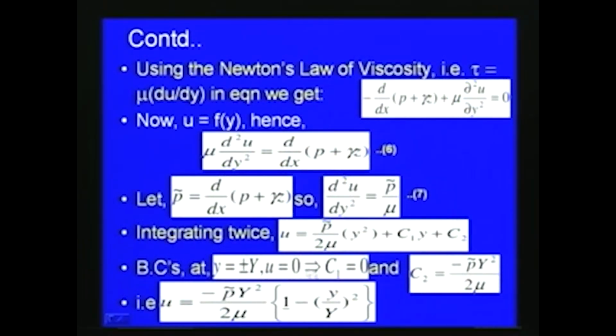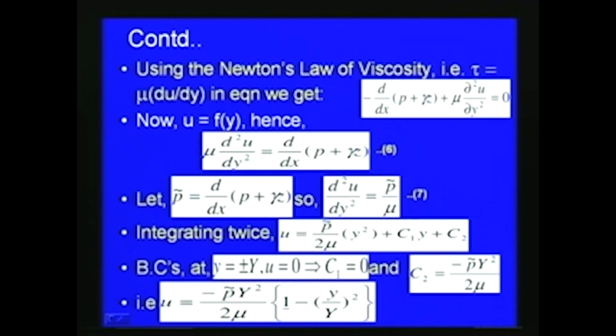So we get two boundary conditions: at y is equal to plus or minus Y, u is equal to 0. So, we get C 1 is equal to 0, and finally, we get C 2 is equal to minus p tilde Y square by 2 mu. So, finally, we get an expression u is equal to minus p tilde Y square by 2 mu into 1 minus y by Y whole square.